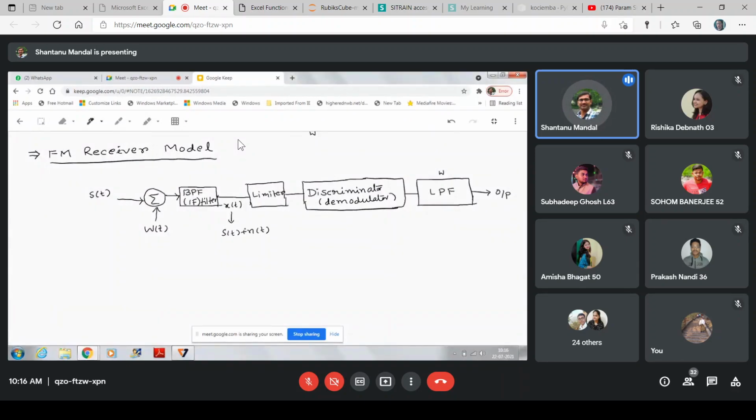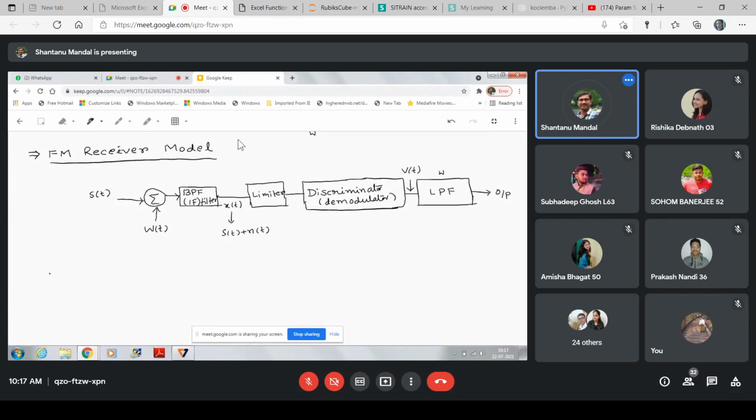The output of the demodulator is v(t). So v(t) is the demodulator output, which means the discriminator output.